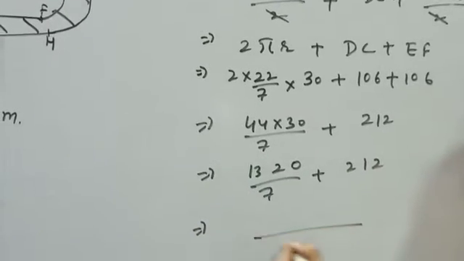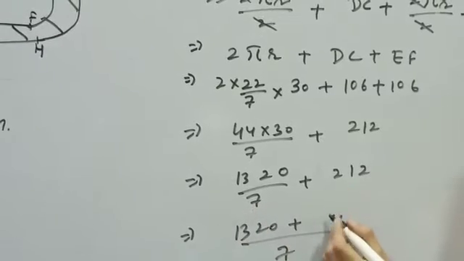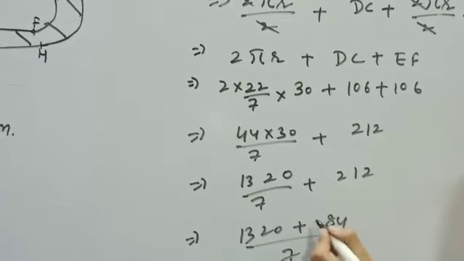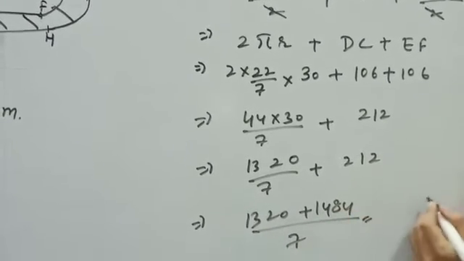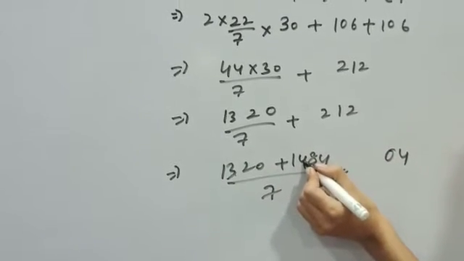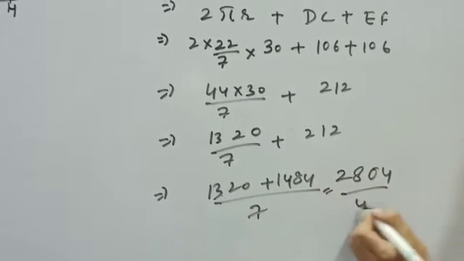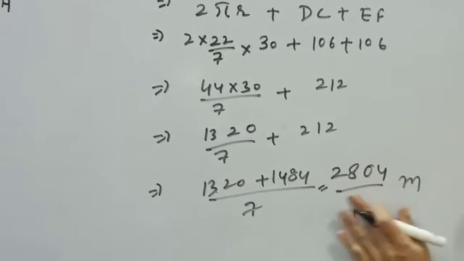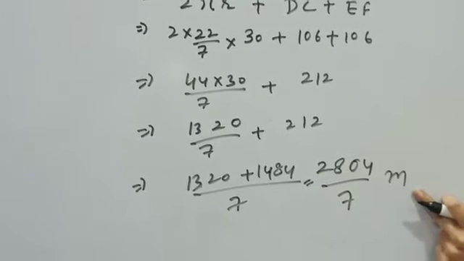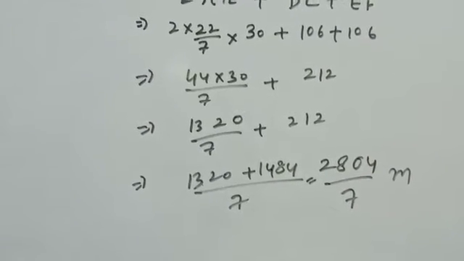By taking the LCM of 7, the sum becomes 2804 upon 7 meters. So this much is the inner edge distance, which is the answer of the question.